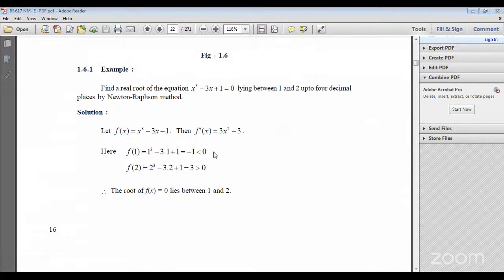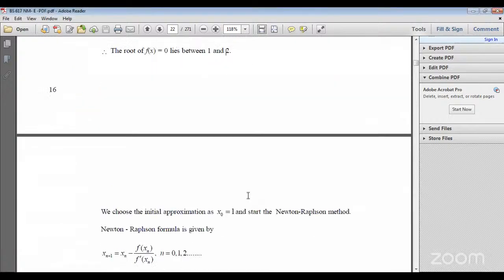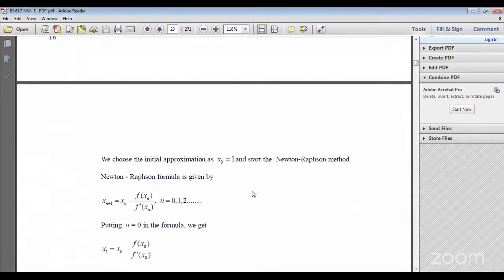I am substituting 1 in the given equation f of x: 1 minus 3 plus 1, which is minus 1, less than 0. Since the root lies between 1 and 2, f of 2 is 3, greater than 0. So we can choose the initial approximation x0 is equal to 1 and start the Newton-Raphson method formula xn plus 1 is equal to xn minus f of xn by f dash xn, n is equal to 0, 1, 2.